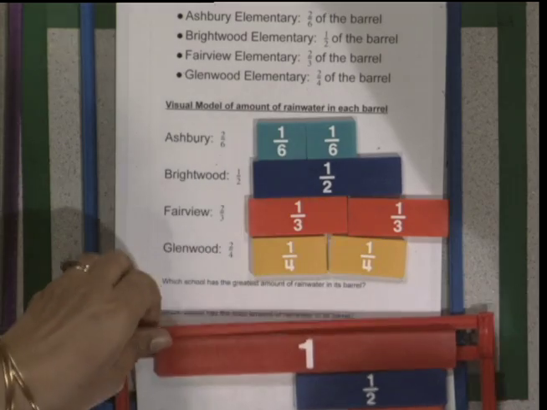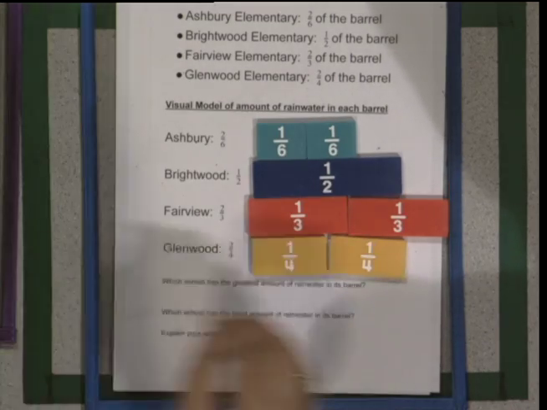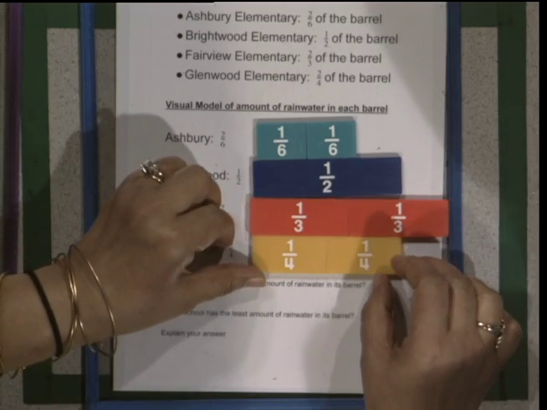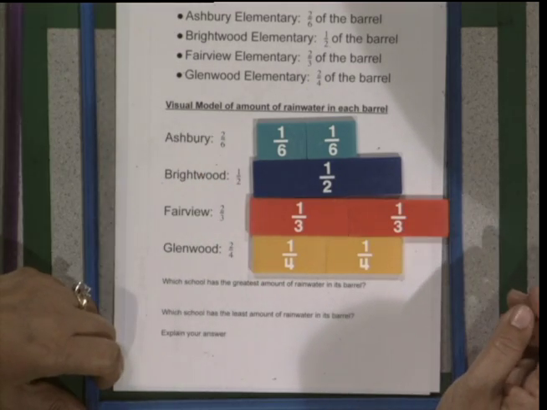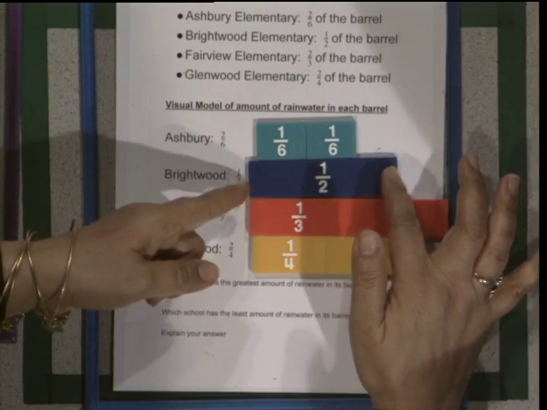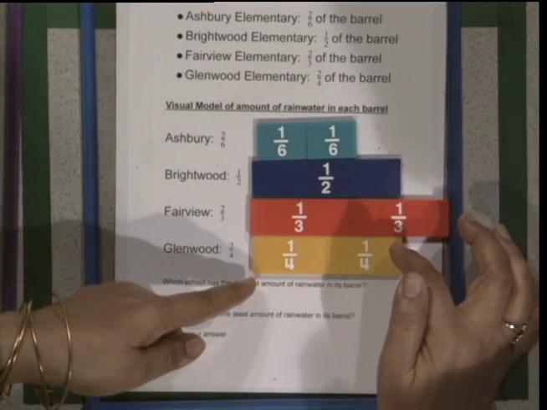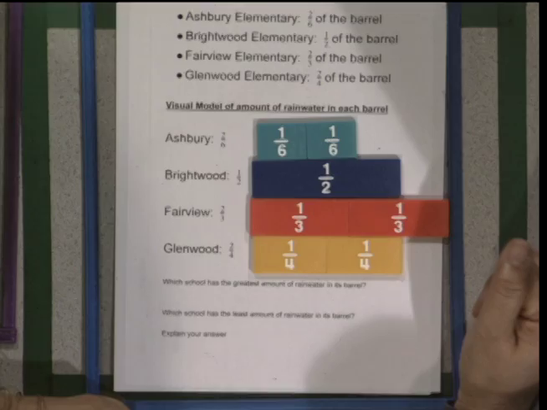Now using my fraction pieces, it helps me to see the comparison of these 4 schools. Mr. Lee, what do you notice about our comparisons? I notice immediately that Brightwood Elementary and Glenwood Elementary have equivalent amounts. These two pieces, 1/2 and 2/4, are the exact same size. When we have two fractions that are the same size, they are called equivalent. What else do you notice, Mr. Lee?